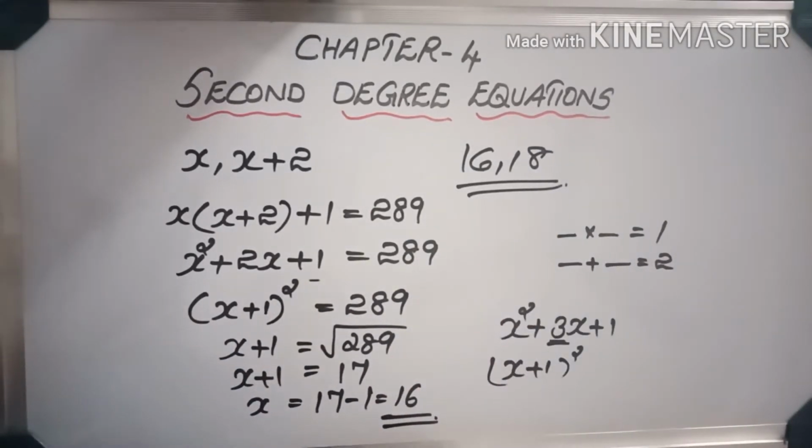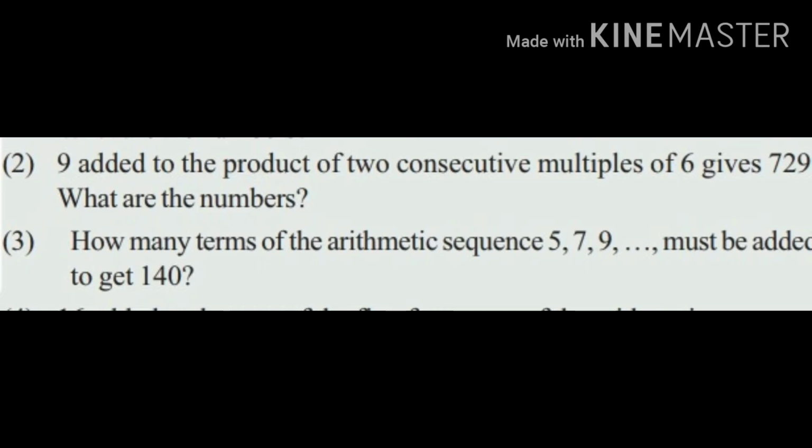These are the numbers. The second question you can do the same as the first question. The question is: 9 added to the product of two consecutive multiples of 6 gives 729. What are the numbers? So instead of consecutive even numbers, here you have to consider consecutive multiples of 6. Same as the previous question. First number as x.